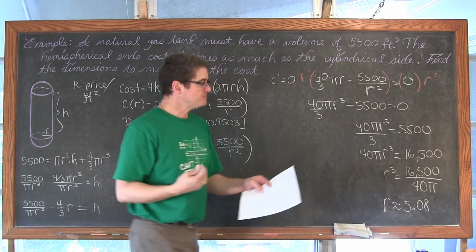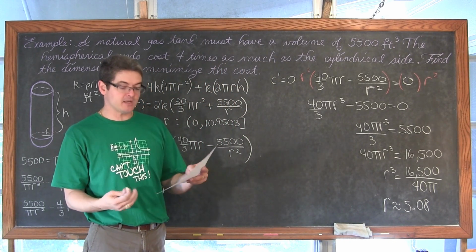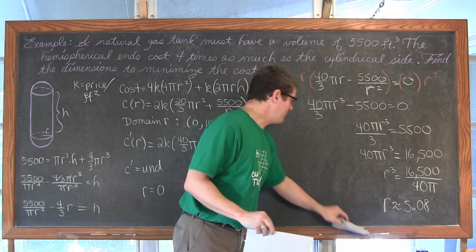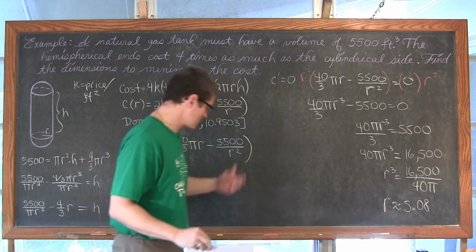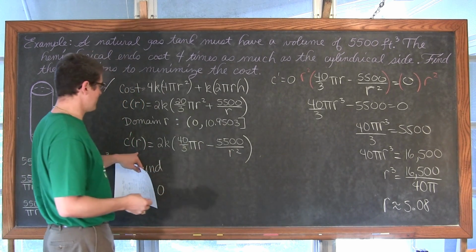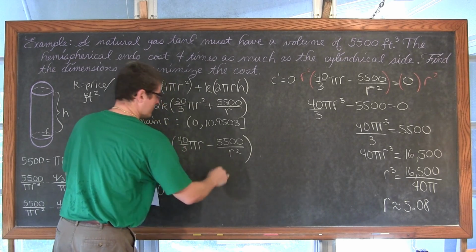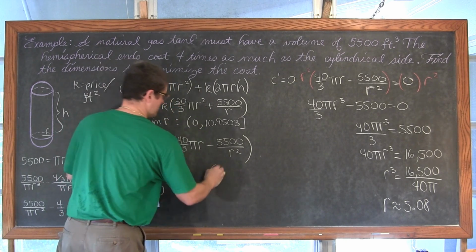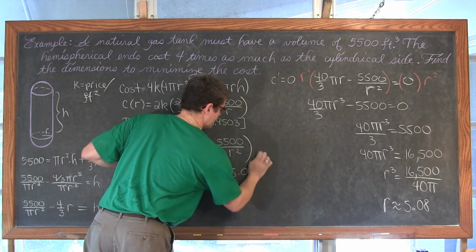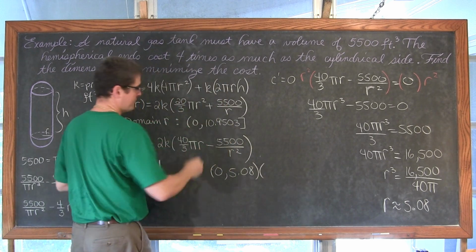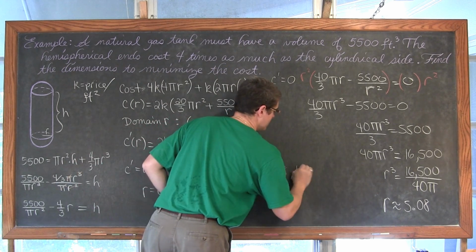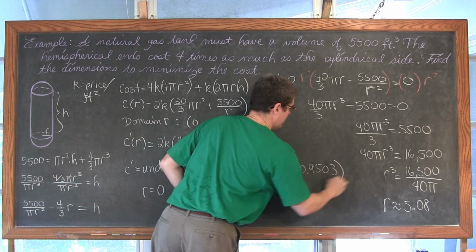Now, is this minimizing cost? Actually, is it even a relative minimum? What we need to do now is test our first derivative. Our intervals are going to be from 0 to 5.08, and then from 5.08 to 10.9503.